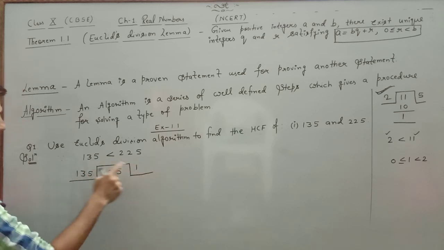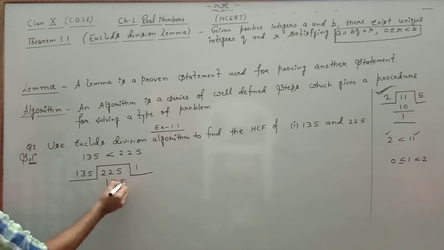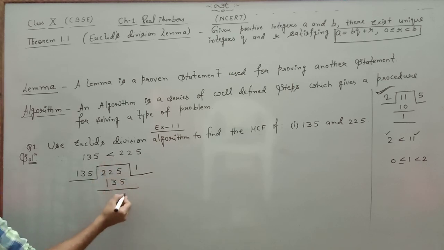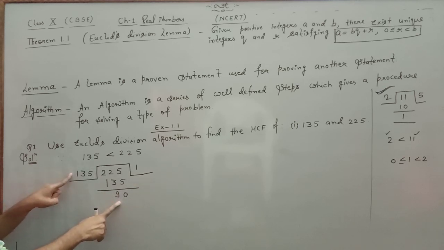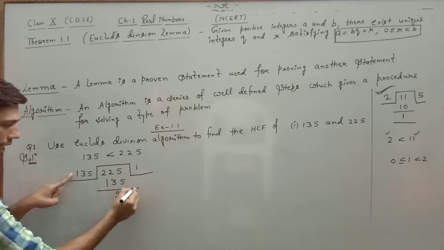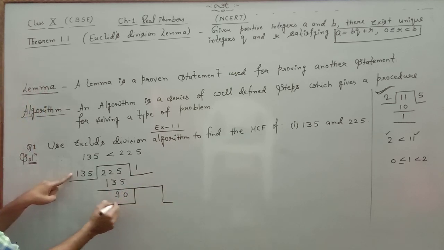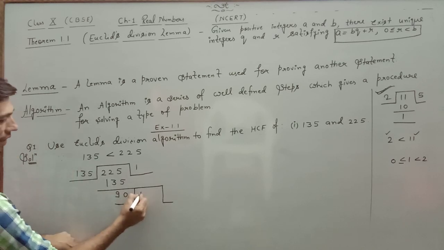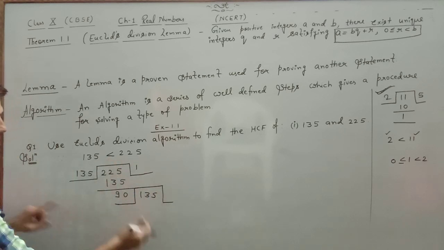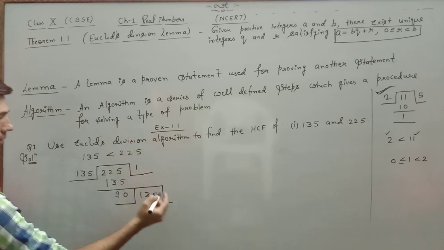You can see 1 time 135, remainder is 90. Now see, 90 is less than 135. Then suppose 90 as the divisor and 135 as the dividend. This is the process of Euclid division.